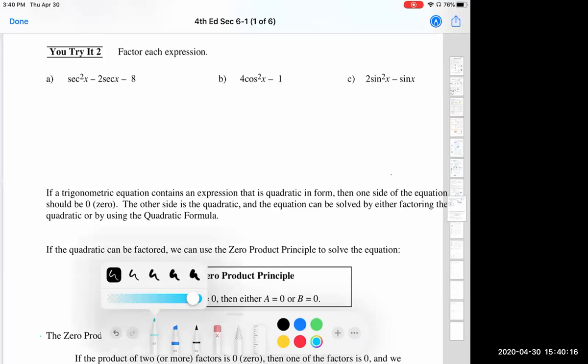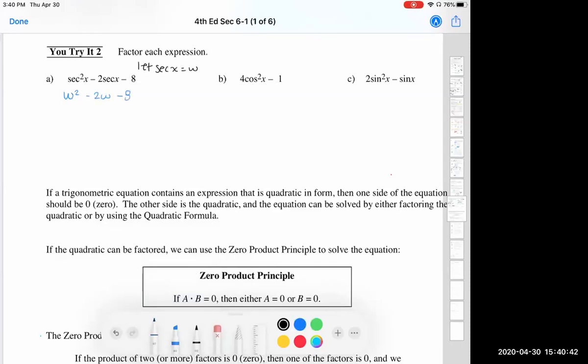All right, so let's go over that first one, secant x. We're going to let secant x be replaced with w. So if we replace it with w, we're left with w squared minus 2w minus 8.